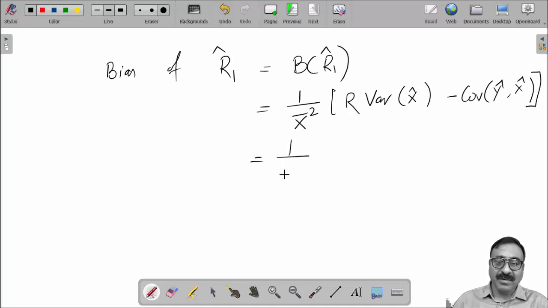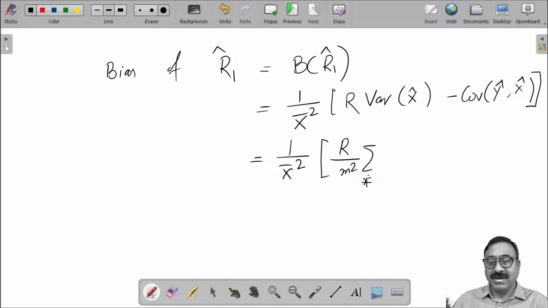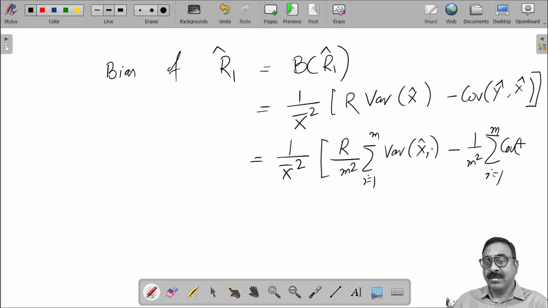So this is equal to 1 by X bar square, R divided by m square summation i equal to 1 to m variance of xi cap, minus 1 by m square summation i equal to 1 to m covariance of yi cap and xi cap.